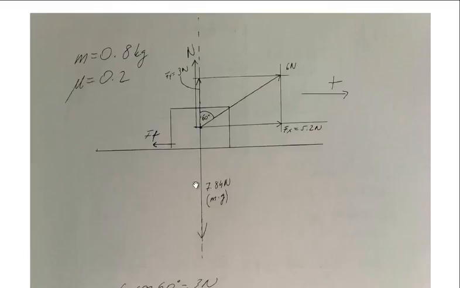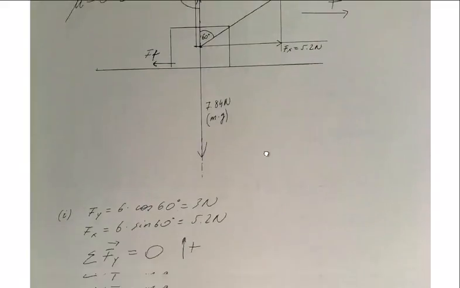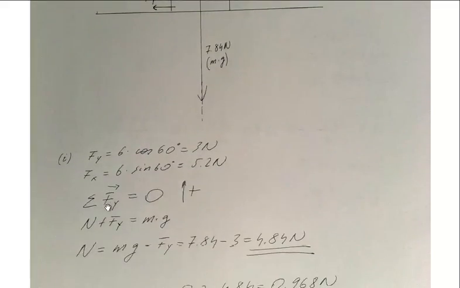There is the gravitational force, it's m times g, and the normal force and the friction force. Sum of the vertical forces is equal to 0.